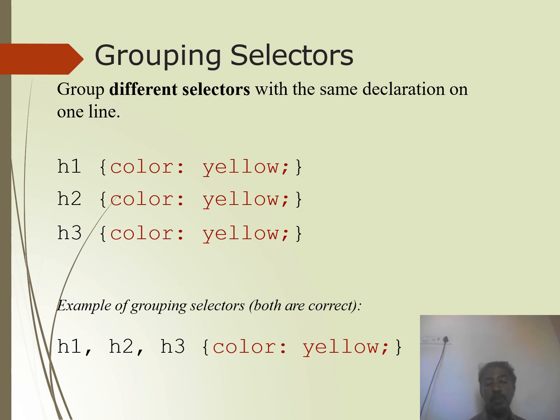Therefore, H1, H2, H3 color. For a common color we use it for all tags or all selectors. Therefore, grouping the selectors is also possible. The above one we discussed was grouping the properties. So you see, in this we are grouping the selectors.